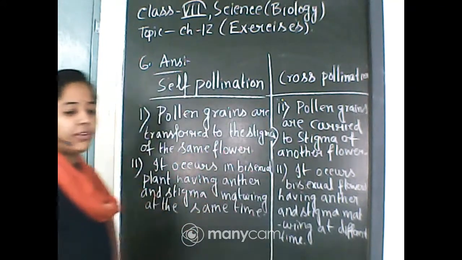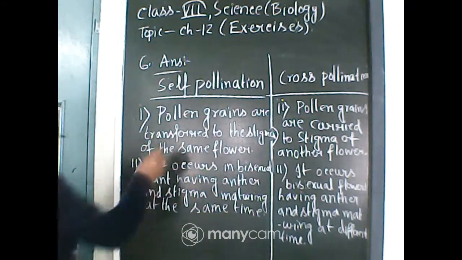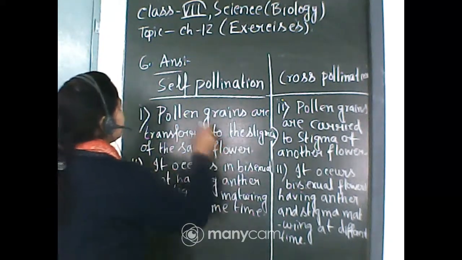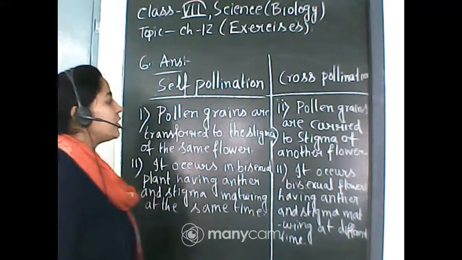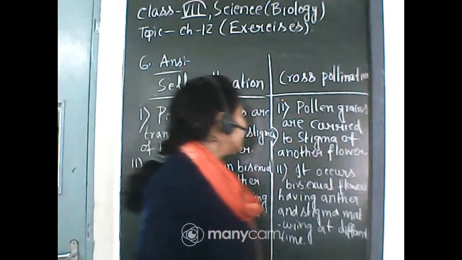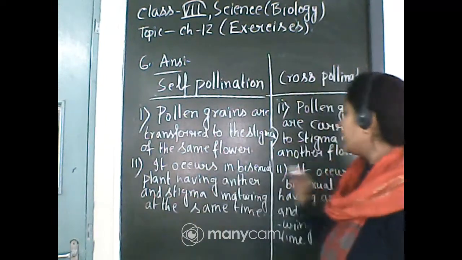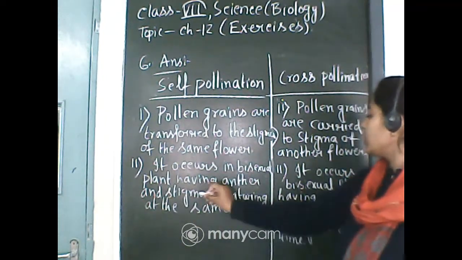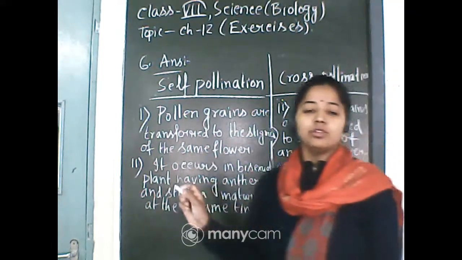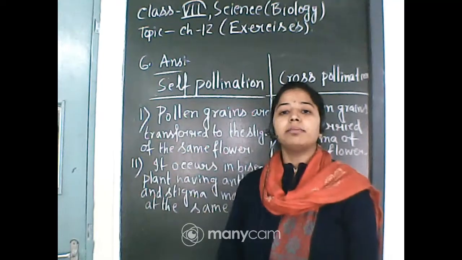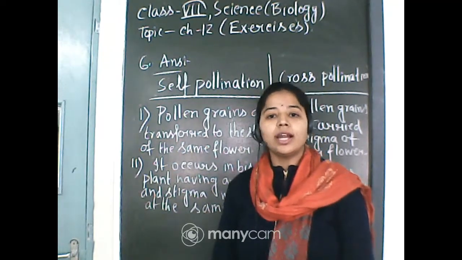This is the second difference: pollen grains are transferred to the stigma of the same flower in self pollination, while in cross pollination pollen grains are carried to the stigma of another flower. Self pollination occurs in a bisexual flower where the anther and stigma mature at the same time.